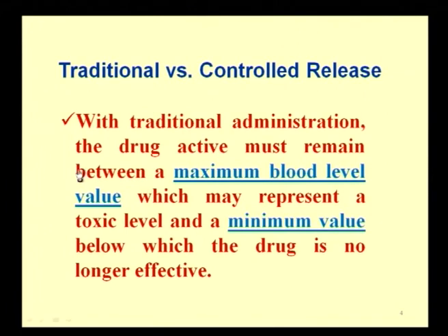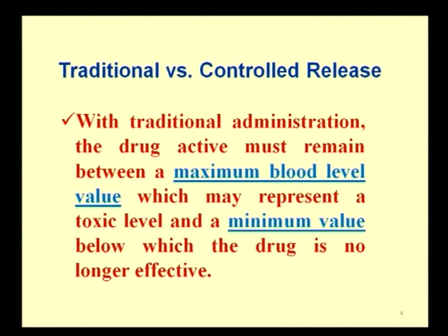First, the traditional release. With traditional administration, the drug active must remain between a maximum blood level value, which may represent the toxic level, and a minimum value below which the drug is no longer effective.